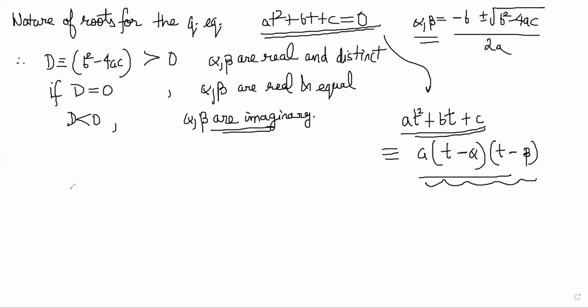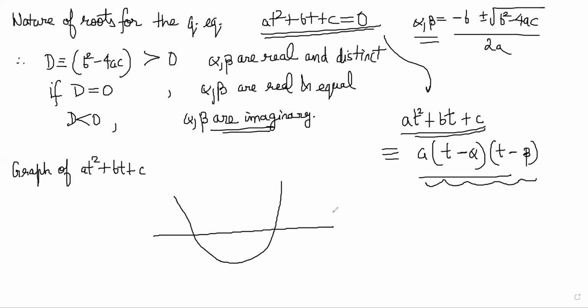Then we also want to discuss the graph of at² + bt + c. The graph of this looks like this. For example, if this is my y-axis, which is the value of y, and this is t, so if your t values increase like this, you have one root here, let's say, and this is one type of possible graph of this function.